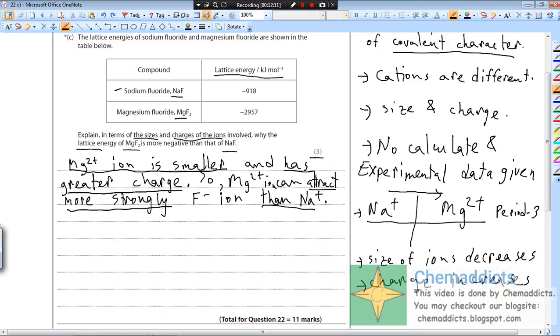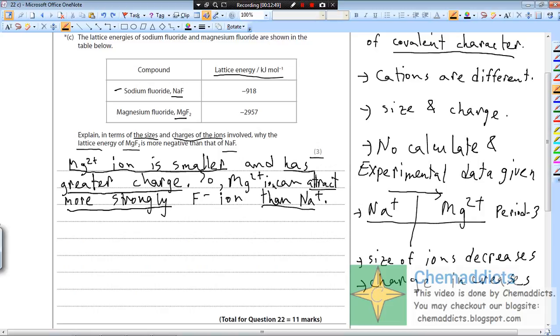I hope I have made these points clear to you. I hope you can now answer this type of question, since this question repeats most of the time during the exam. The answer is: Mg2 plus ion is smaller and has a greater charge, so Mg2 plus ion can attract fluoride ion more strongly than sodium ion.